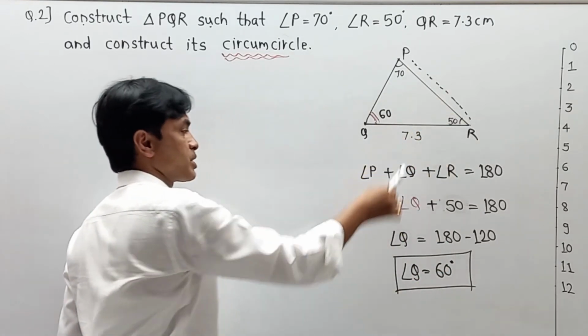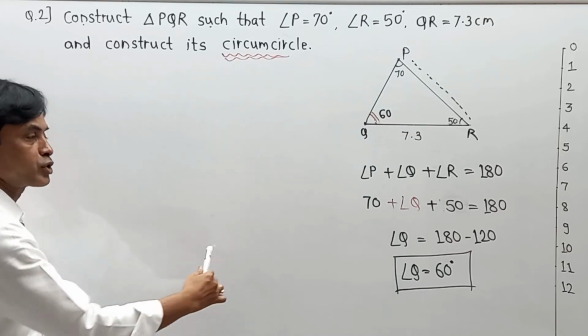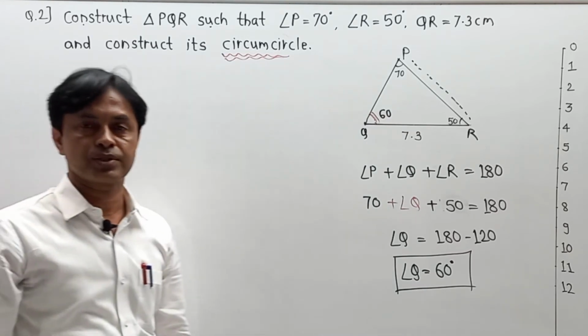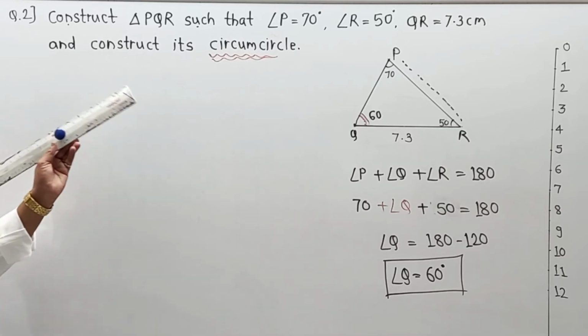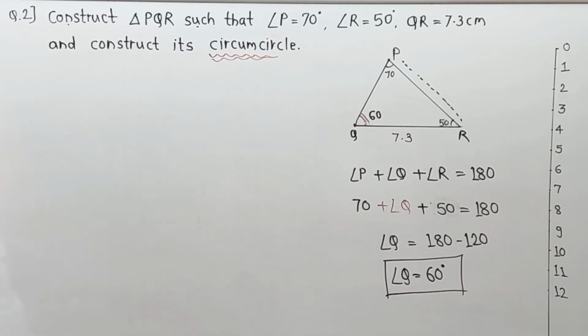Now, whatever rough diagram I have drawn, I am now going to draw the actual diagram in front of you. So, please pay attention. Starting the main diagram, first of all, we have to draw QR of 7.3 centimeters.